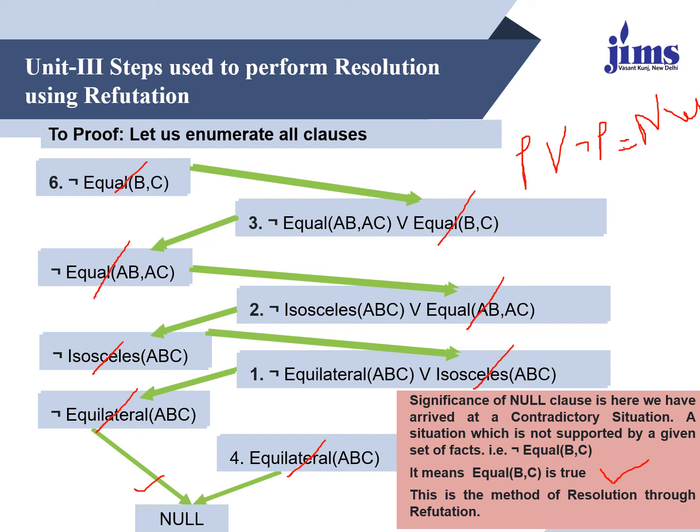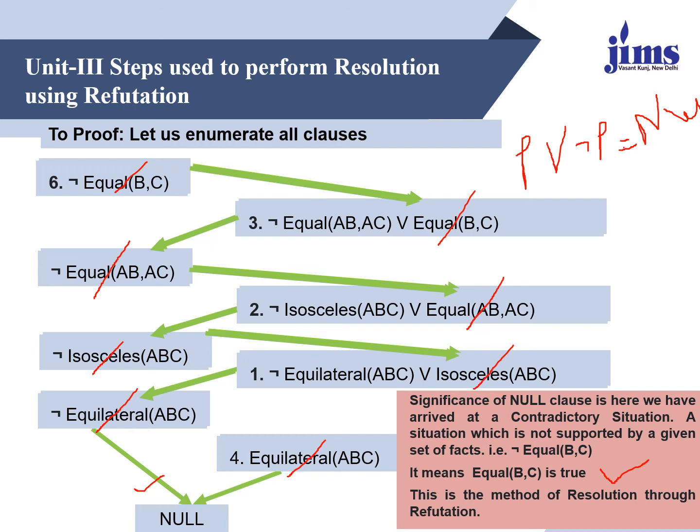We have proved using the resolution method that, in the given statements, after performing resolvents and inferring from the facts given, we reach the conclusion that angle B and angle C will also be equal in case ABC is an equilateral triangle. As ABC is an equilateral triangle, ABC is an isosceles triangle.